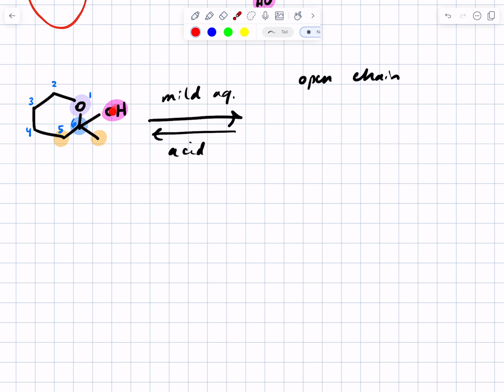The pink OH group will be my carbonyl oxygen in the product, and the purple OR group is going to end up as the alcohol. So to draw this, I'm going to start with the oxygen, that's my OR group, the alcohol, and then I'm going to draw, this is atom 1, then 2, 3, 4, 5, 6.